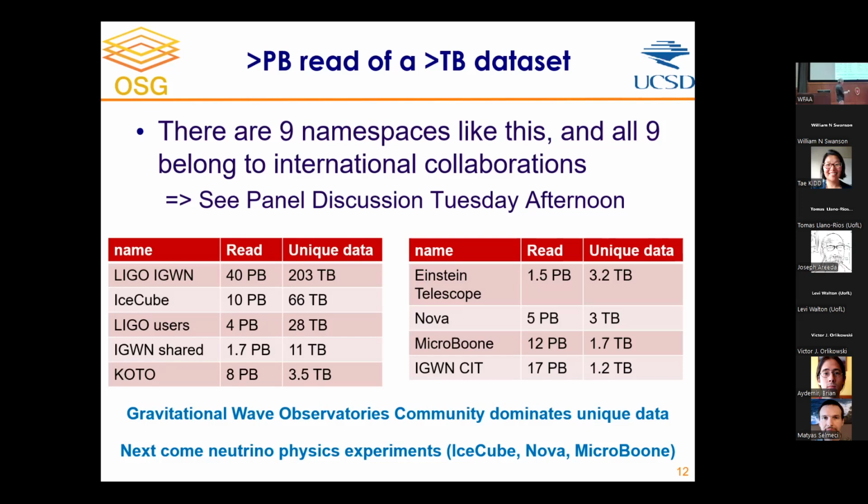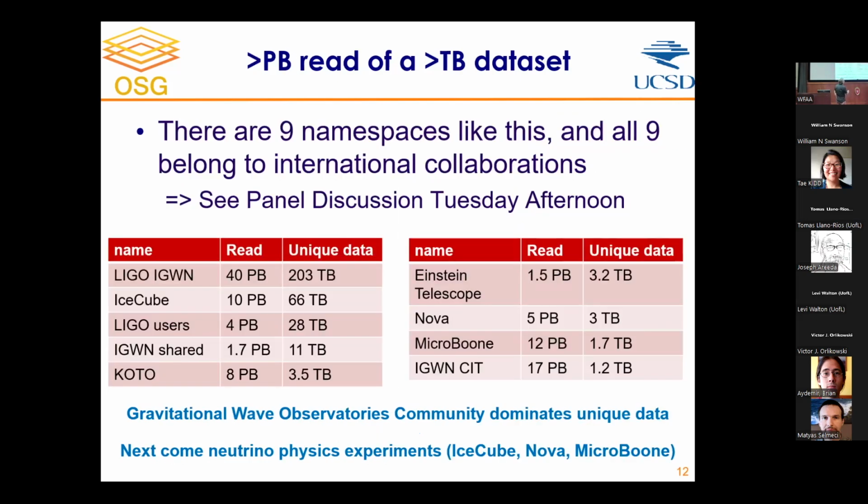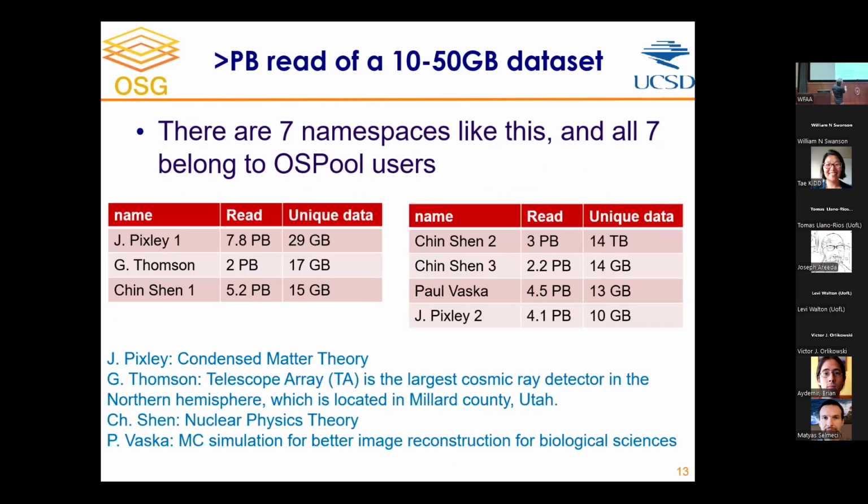If you look at all of these dots in that top area, there's one dot that isn't neutrino physics or gravitational wave. So it's a very specific type of people. And then if you look in the other range, petabyte read out of a 10 to 50 gigabyte data set, there are 7 namespaces like this, and all 7 belong to OSPool.